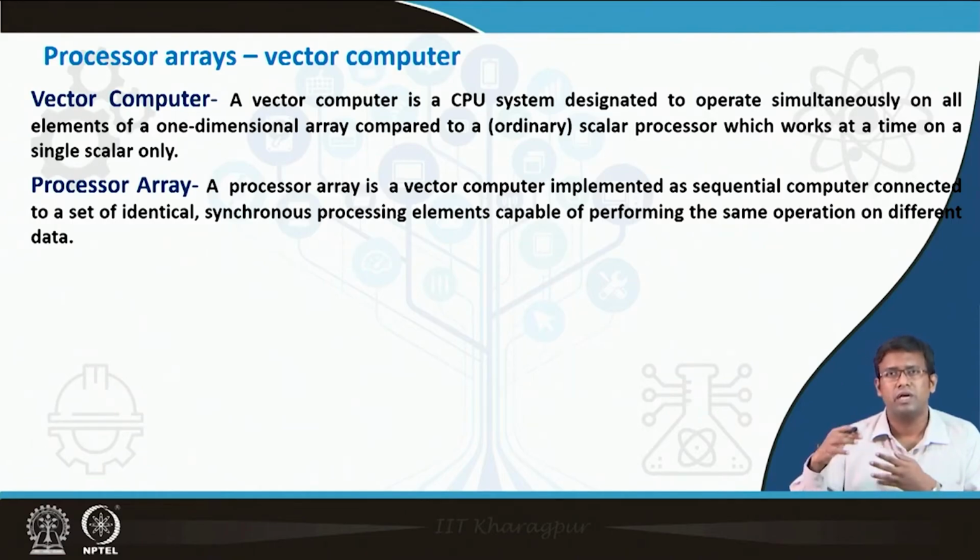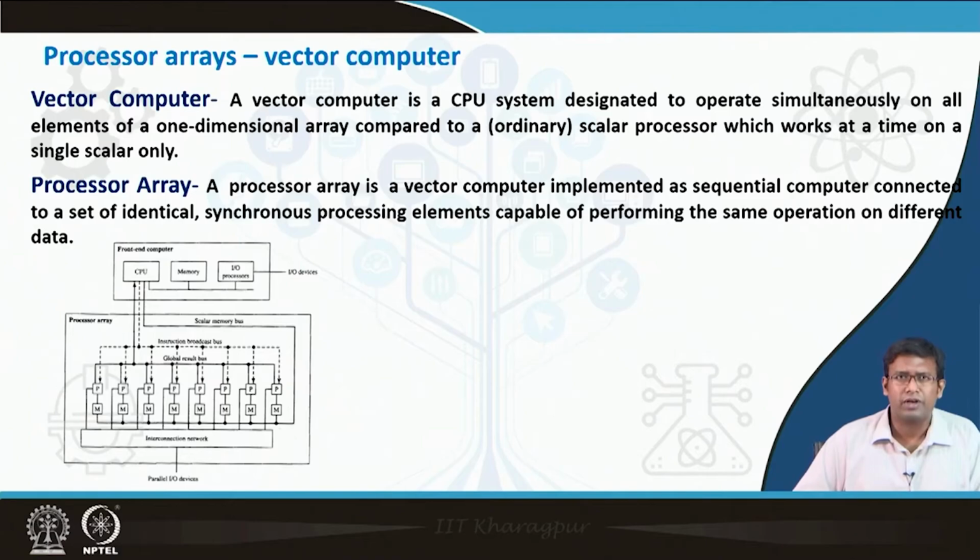I will show you also later, but we can tell that vector computers are not very much in use today, because they are primitive in their operation, they cannot work on complex algorithms, so we use something else now.